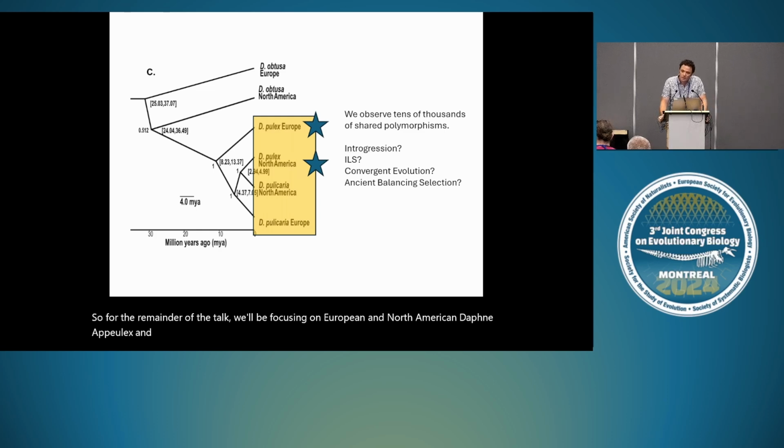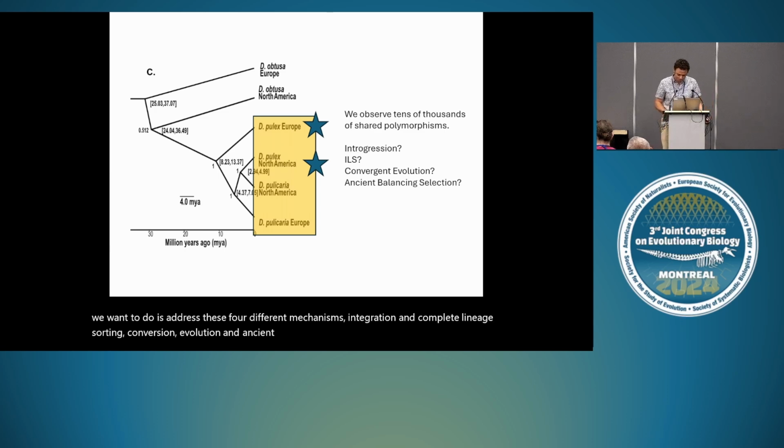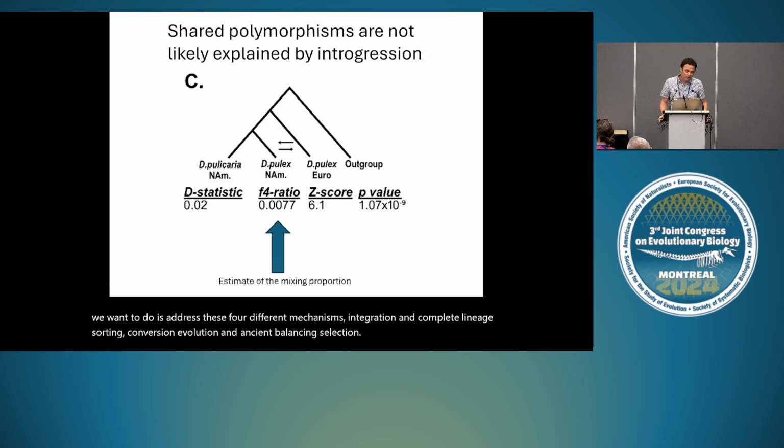And when we examine the abundance of shared polymorphisms between these two taxa, we observe that there are tens of thousands of shared polymorphisms. And so what we want to do is address these four different mechanisms: introgression, incomplete lineage sorting, convergent evolution, and ancient balancing selection. So first, I will just tell you that shared polymorphisms between these two species do not seem to be explained very likely by introgression.